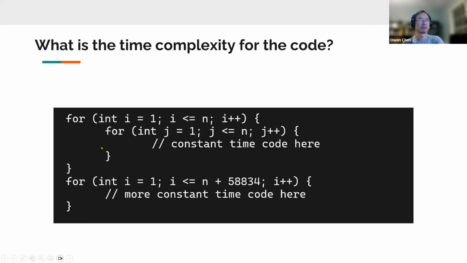It's only these two nested loops that give O(n square), and this is another O(n), but this is O(n square) and then this O(n), so we can ignore this part and just take the part that is the worst case. So the answer is O(n square).